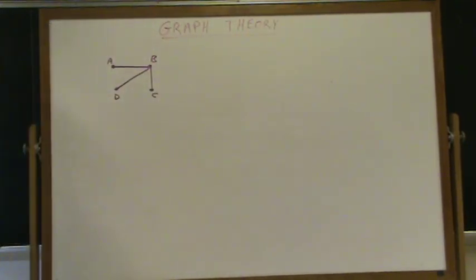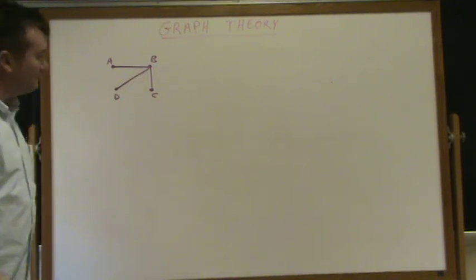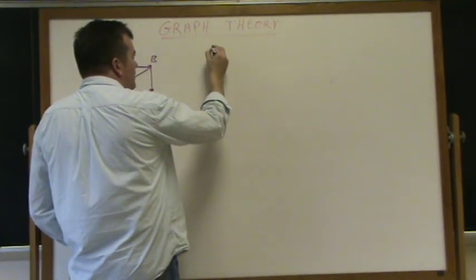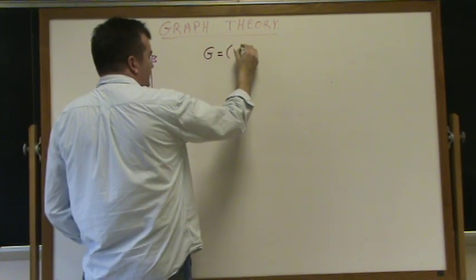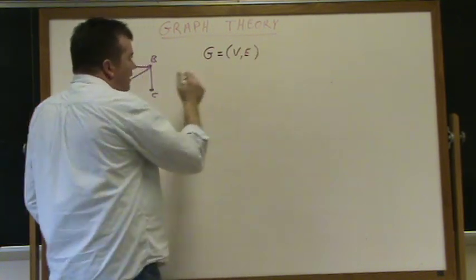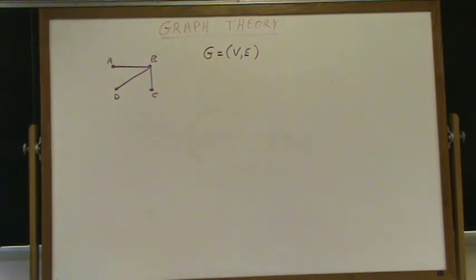But for now, this is just blackboard related stuff. So we'll say a graph, which we represent with the letter G, is equal to a combination of vertices and edges. That's a high level definition of what a graph is.